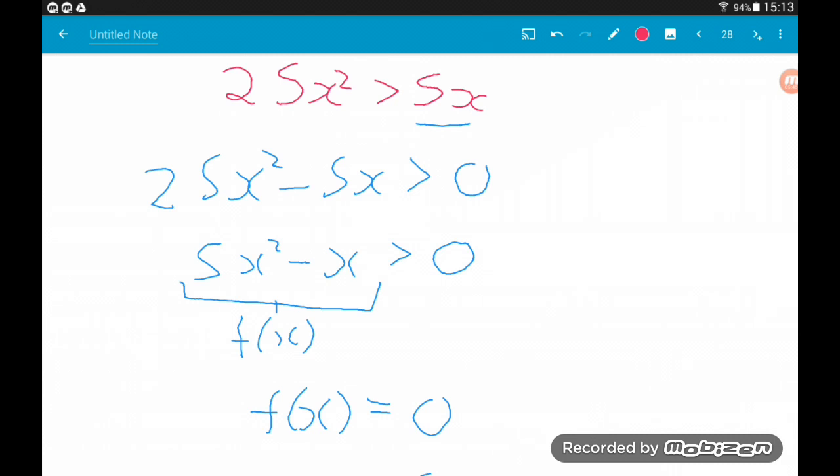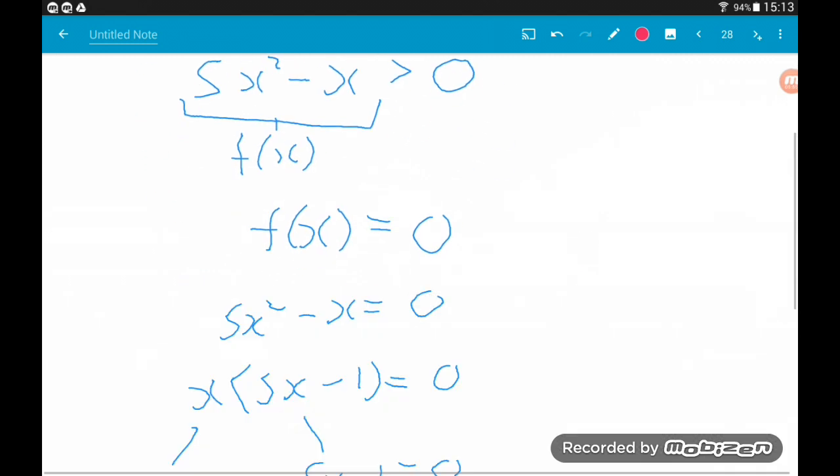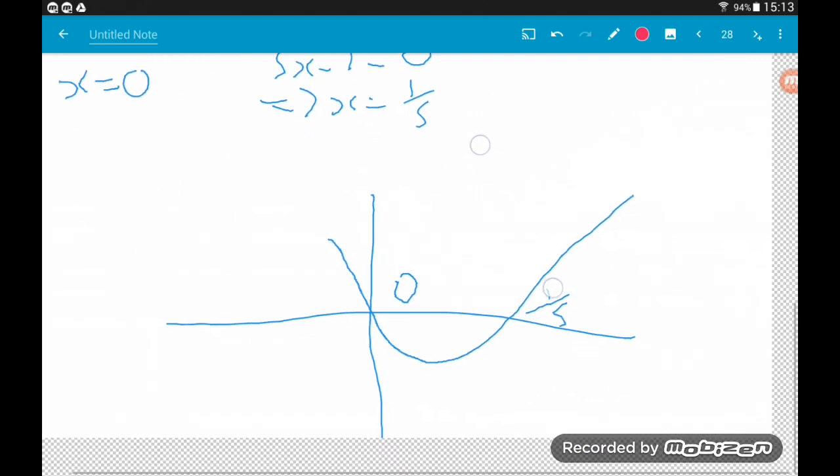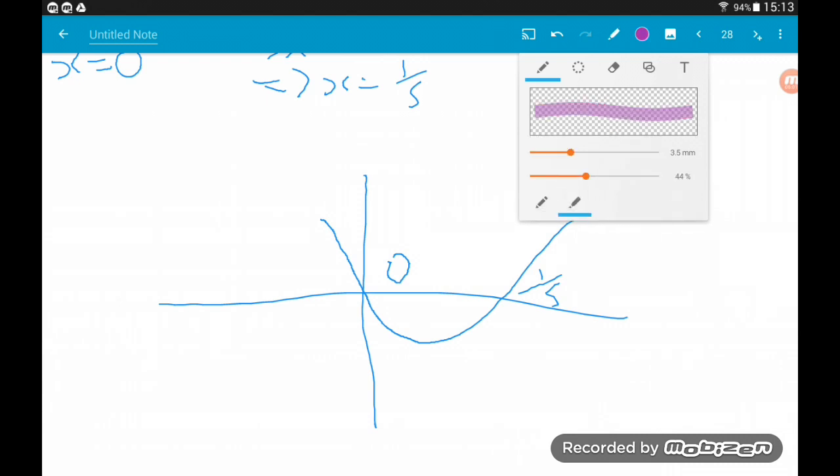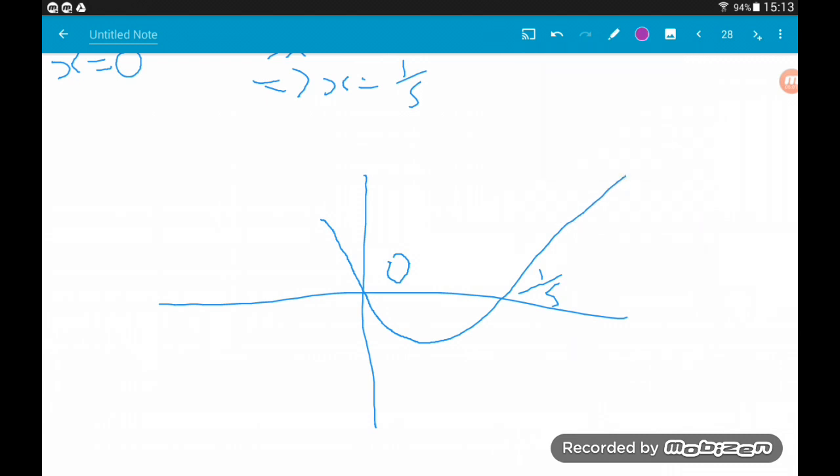So we want 25x squared minus 5x to be greater than 0. That is asking us, where is our graph above the x-axis? We are interested in all of these points over here, and all of these points over here.